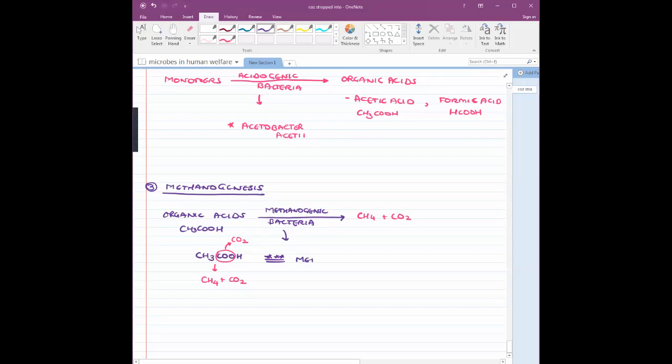We are talking about methanobacillus, methanococcus, and methanomonas. Guys, these are the bacteria which are going to bring about methanogenesis.